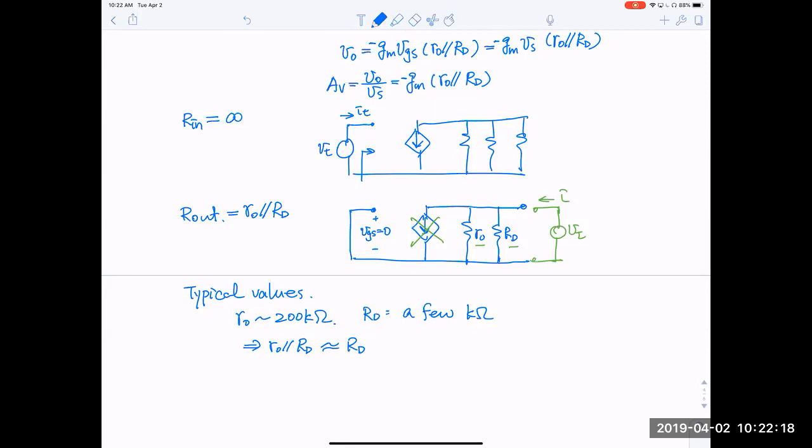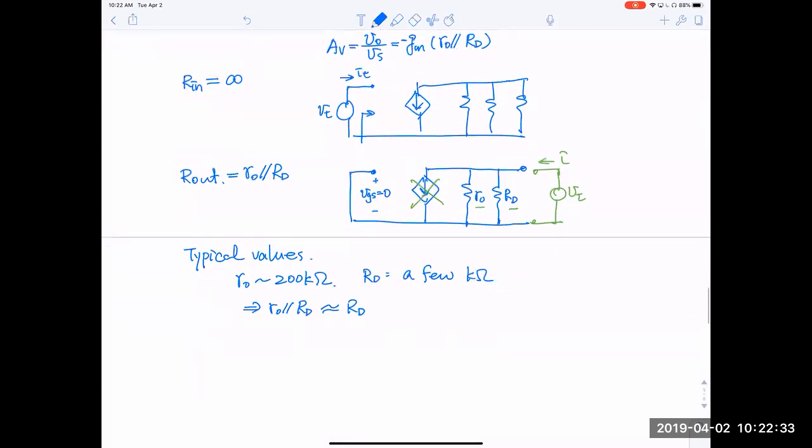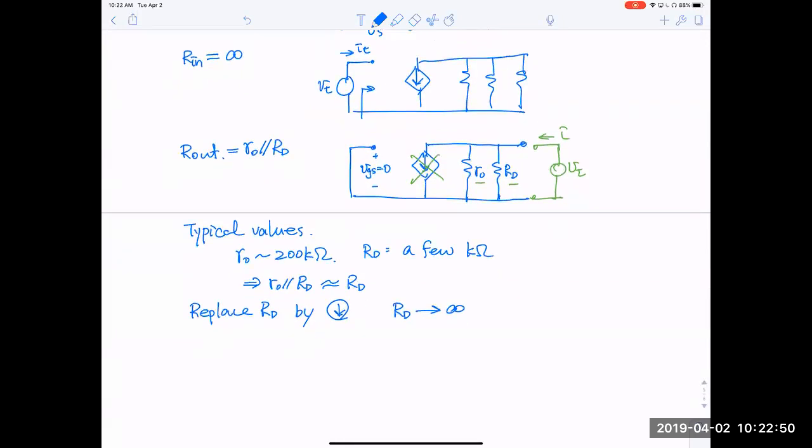Now you see in the previous two-port models, they like to have output resistance as large as possible. And RD is really small, kilo ohm is very small. So what do we do if we really want high output resistance? If we replace RD by a current source, then the equivalent RD goes to infinity. An ideal current source has infinite resistance.